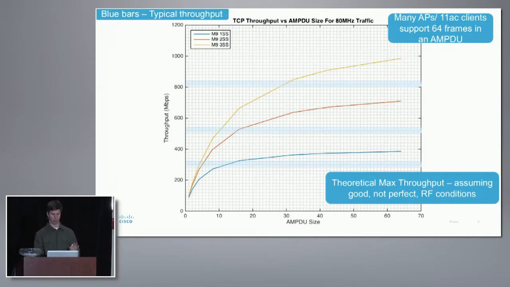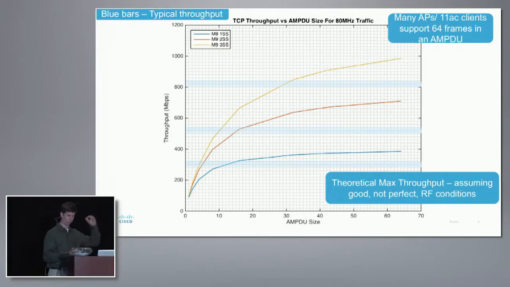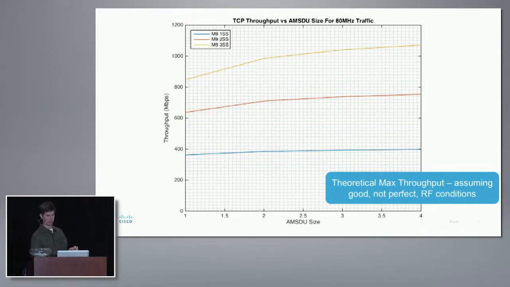And one more thing on the model, it's an optimistic model, but it's not a perfect model, right? We assume good RF conditions, like 2% packet error rate. So this is not like a cabled RF model, where throughput would be even higher. The next graph is the same thing, TCP throughput, but versus AMSDU size.